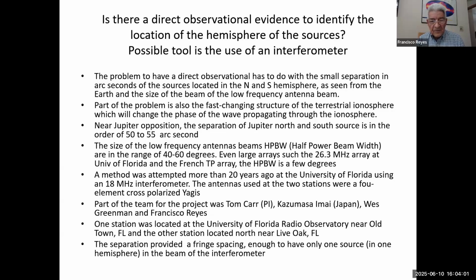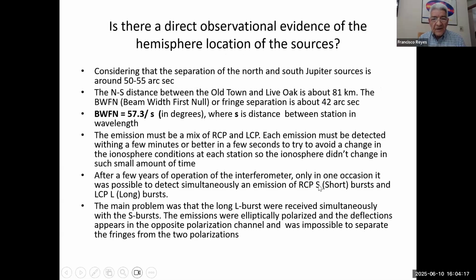So the separation provided by the distance for the interferometer was enough to be able to have the source in one of the beams of the interferometer. So let me show you here a little bit more details.